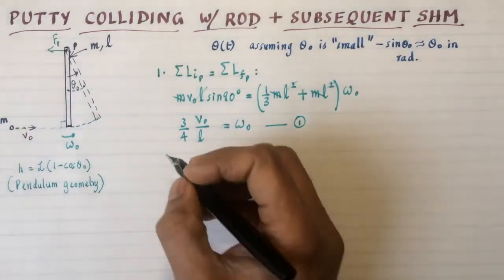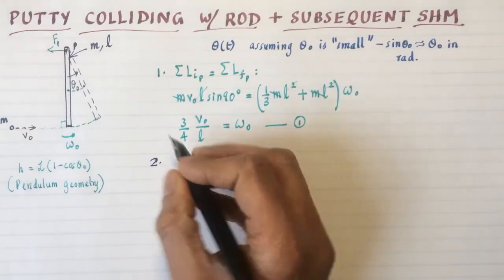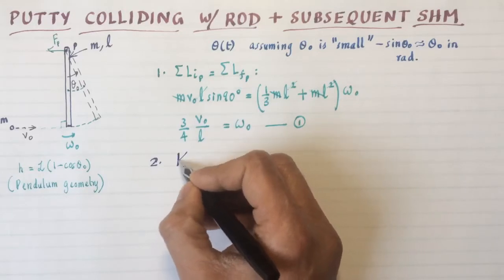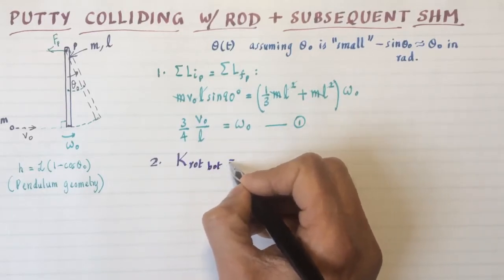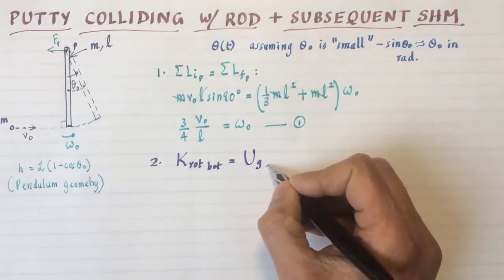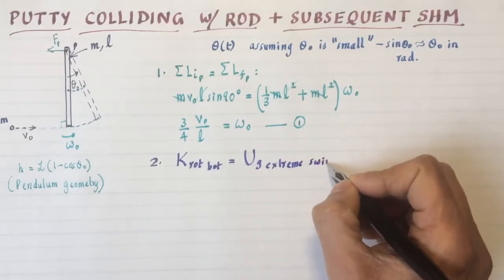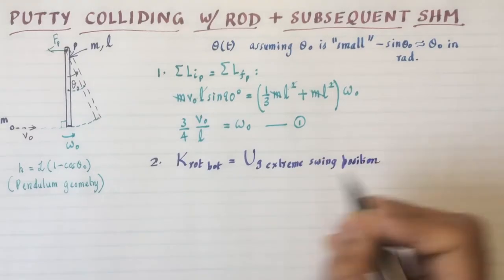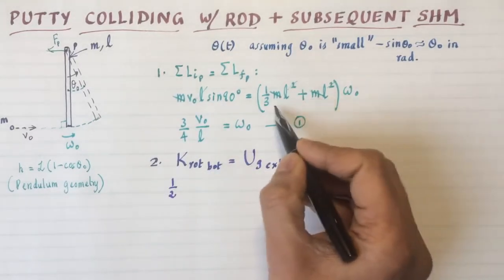So for part 2, we're going to use the total mechanical energy at this point equals total mechanical energy at that point. So rotational kinetic energy at the bottom equals the gravitational potential energy at the extreme swing position. So that's 1/2 times the moment of inertia, which again is that thing here.